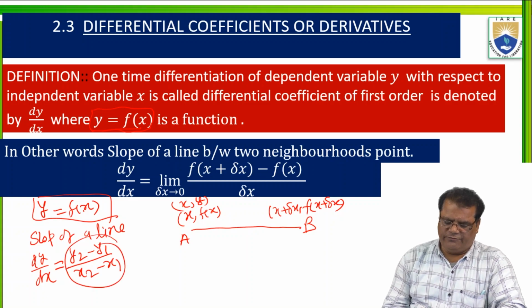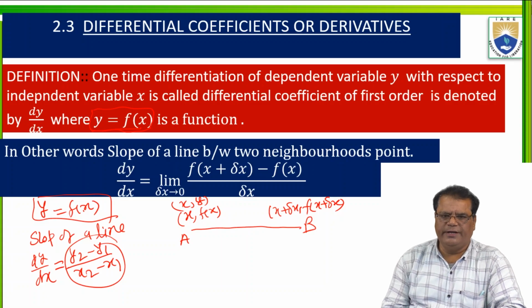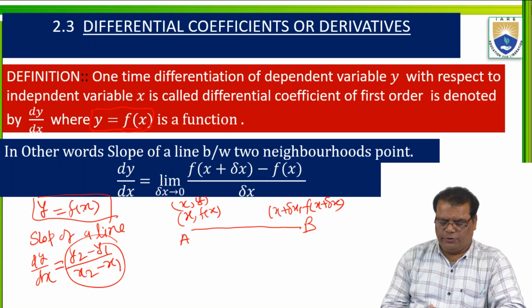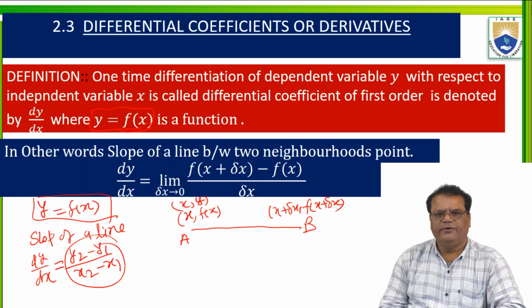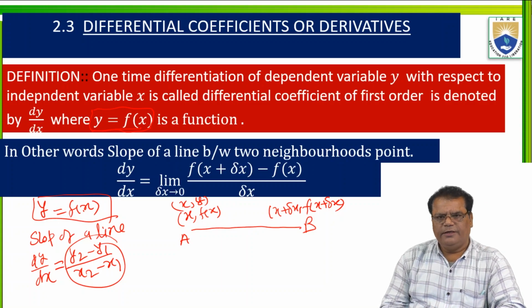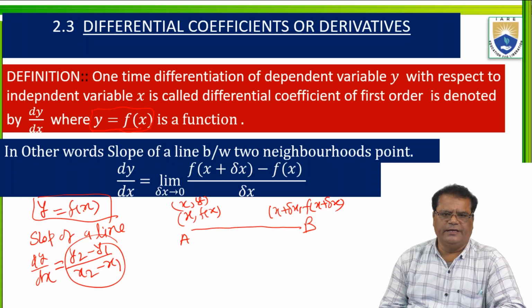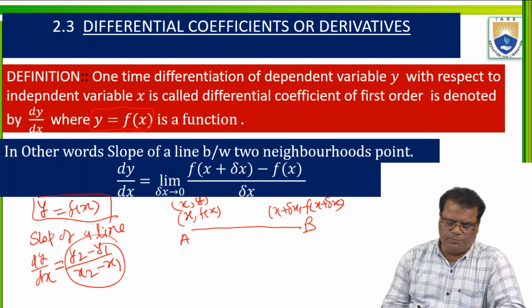This is the ratio of the differences in ordinates over abscissas: the numerator is the difference in ordinates and the denominator is the difference in abscissas. For every point, the value of y is the ordinate and the value of x is the abscissa. So this is the basic formula for slope. If two points are given on the line, then we can find dy over dx, which is basically the slope of the line.